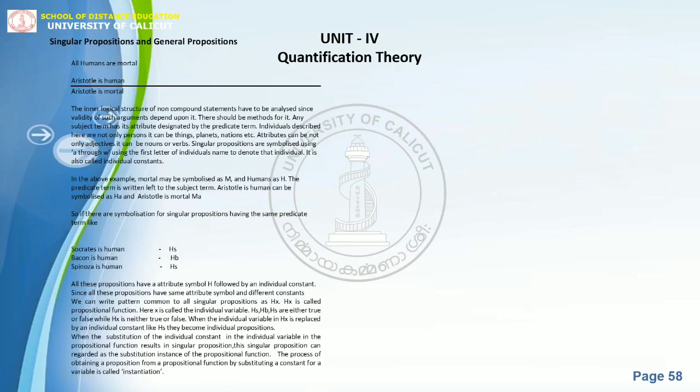Here Hx is called a propositional function, where x is called the individual variable. So Hx can neither be true nor false. But when the individual variable in Hx is replaced by an individual constant like Hs, they become individual propositions.